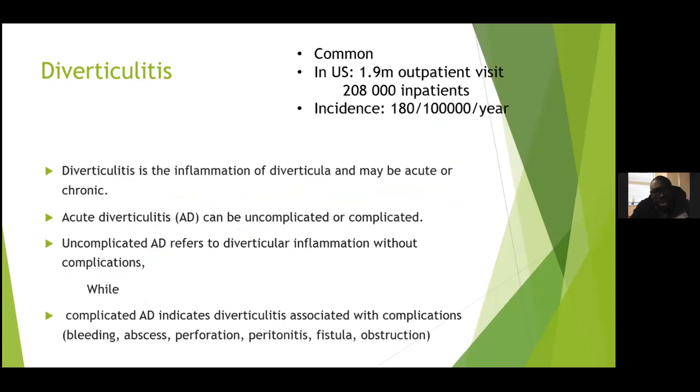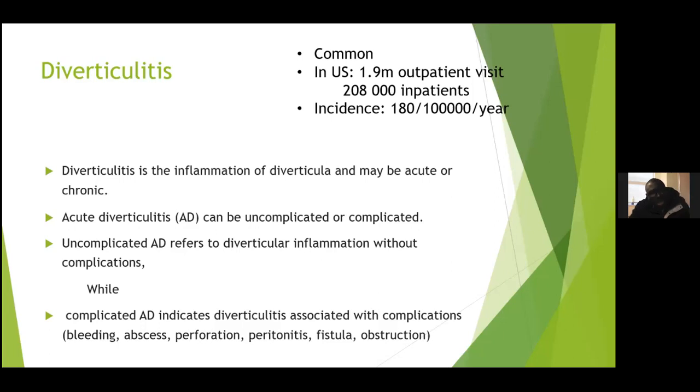Now, looking at diverticulitis itself, in the US about 1.9 million outpatient visits are for diverticulitis, and about 208,000 inpatients have diverticulitis. And the incidence is about 180 per 100,000 in the US.